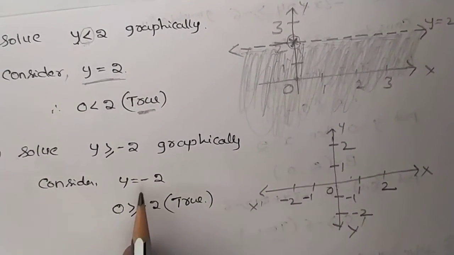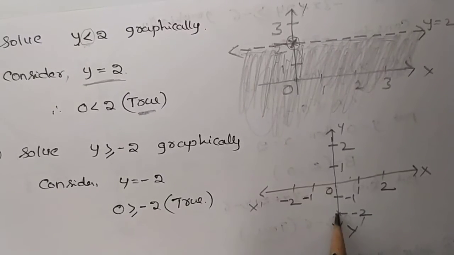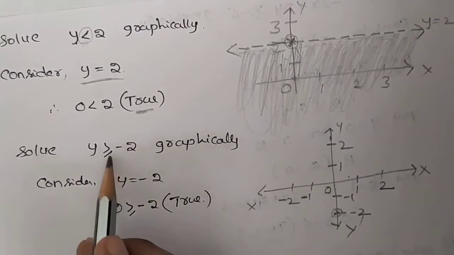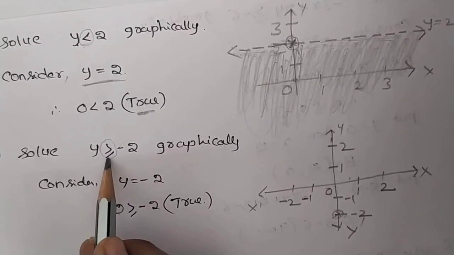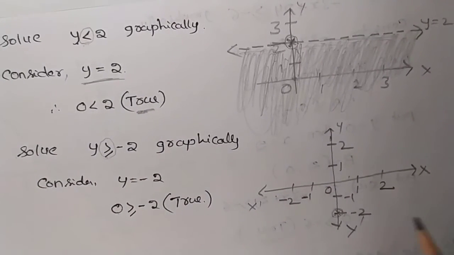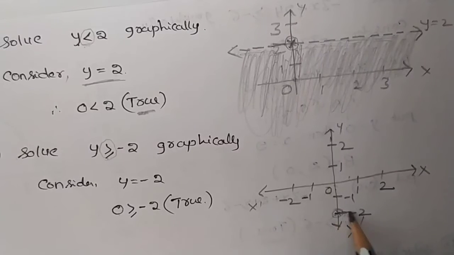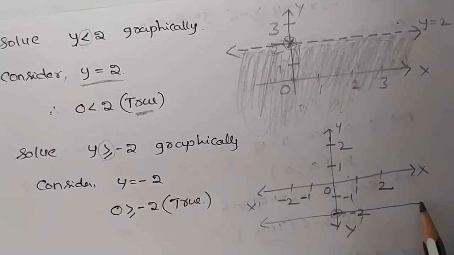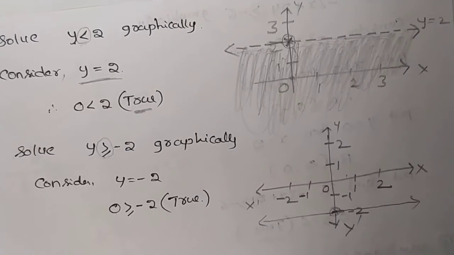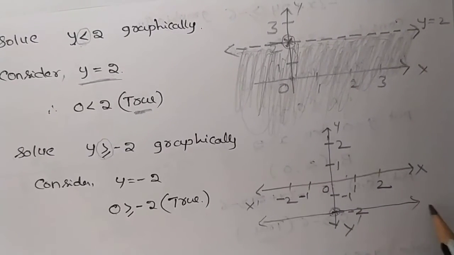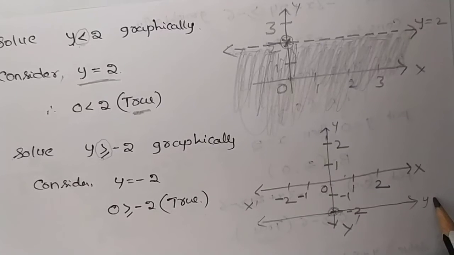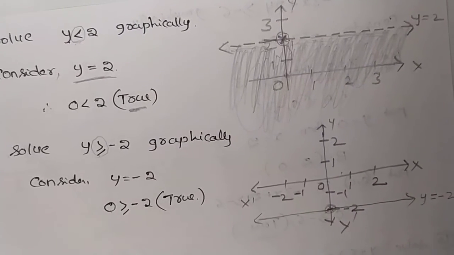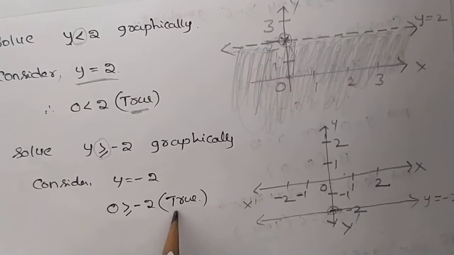Okay, y equals -2. The inequality involves greater than or equal, therefore we have to draw that line as a thick line. That is y equals -2.